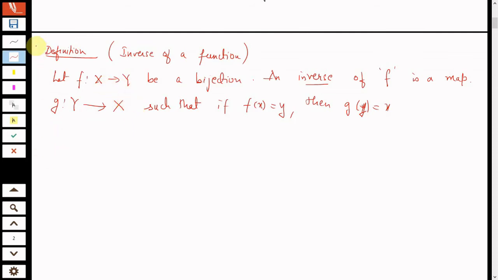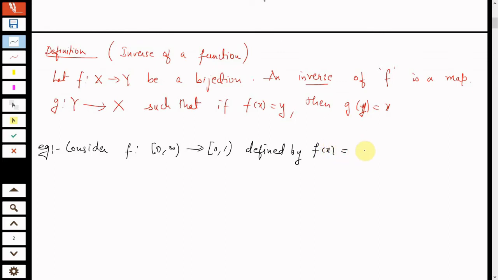Let's quickly take one example to construct the inverse of one particular function. So let's consider a map f from the non-negative part of the real line, that is 0 comma infinity, to the semi-open interval 0 comma 1, defined by f of x is equal to x by x plus 1.